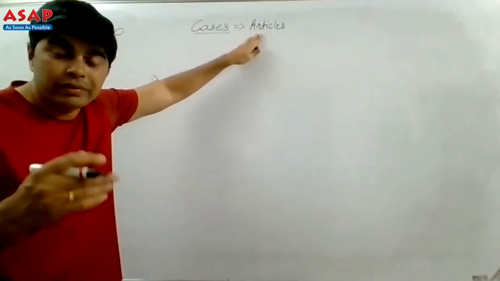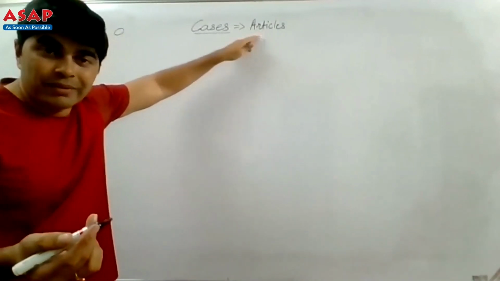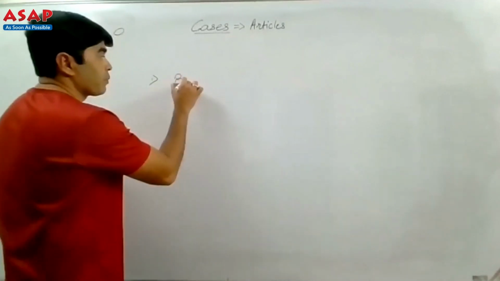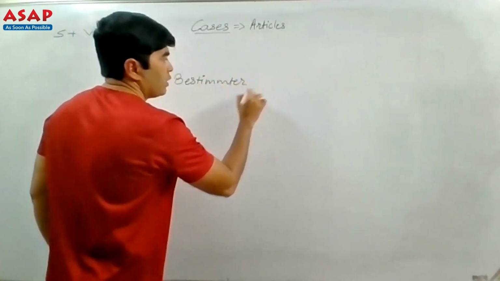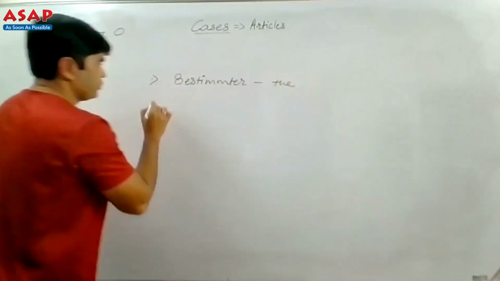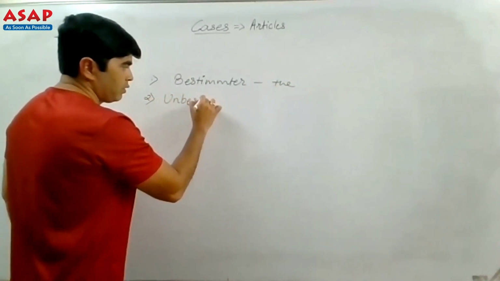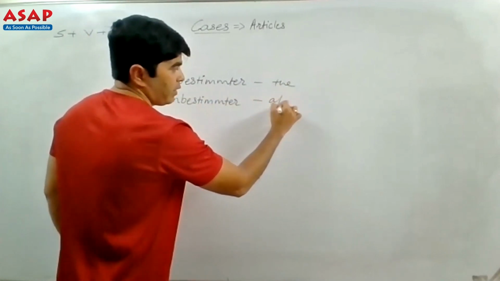But what kind of articles? When we say simply articles, you may think of only a and the. But we'll see here what cases will affect in the sentence. So it will be the bestimmter article, that is the. The unbestimmter article, that will be a.